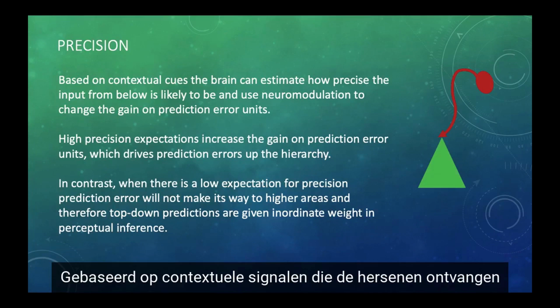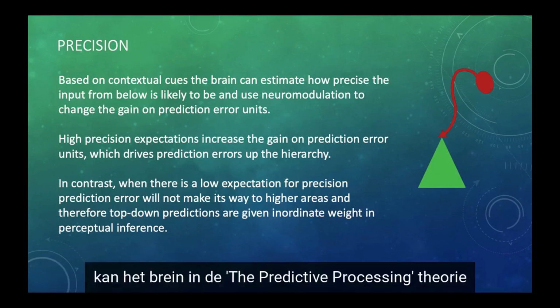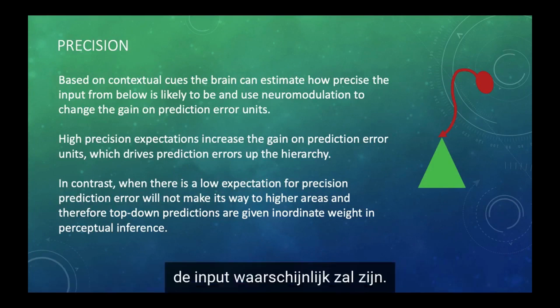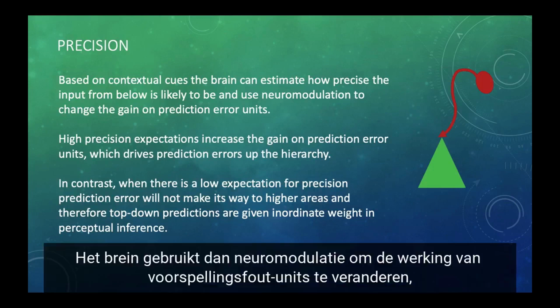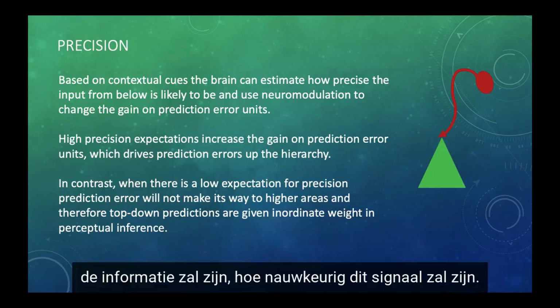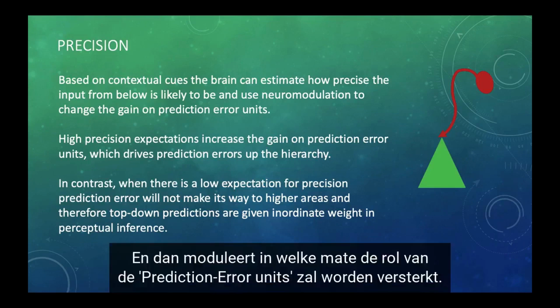Based on contextual cues, within the predictive processing theory, the brain can make estimates about how precise the input is likely to be, and use neuromodulation to change the gain on prediction error units. So the brain can have a guess at how precise the signal is going to be, and then modulate how much gain to put on the prediction error units.